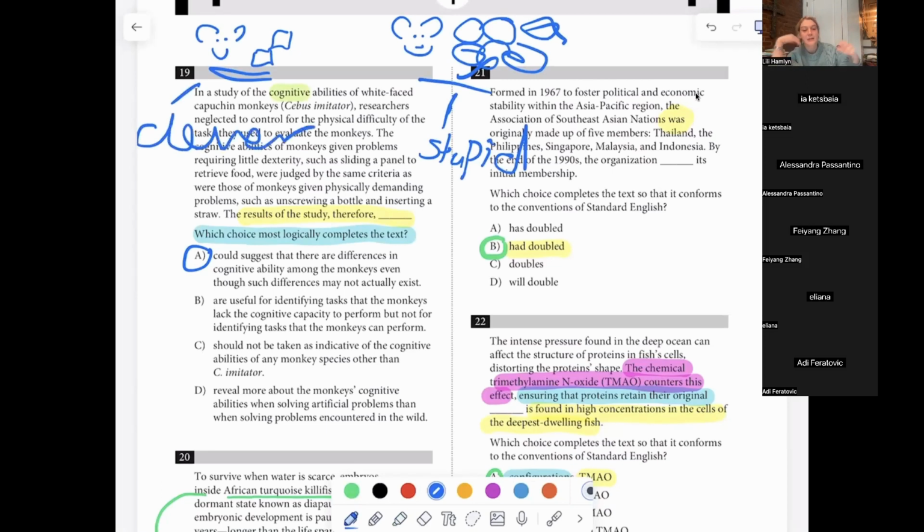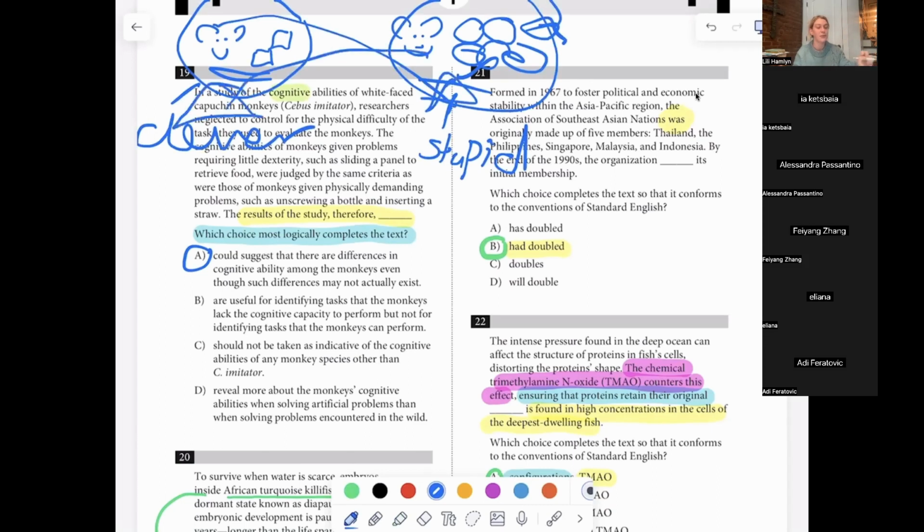But it doesn't make sense because they've been given separate tasks, right? So it could make it seem that these monkeys are clever and these monkeys are stupid, even when those differences don't exist. Because if we made these monkeys do that task, they'd do badly, and these monkeys do that task, they'd do well. Does that make a little bit more sense? I'm sorry, I'm so bad at drawing a monkey.